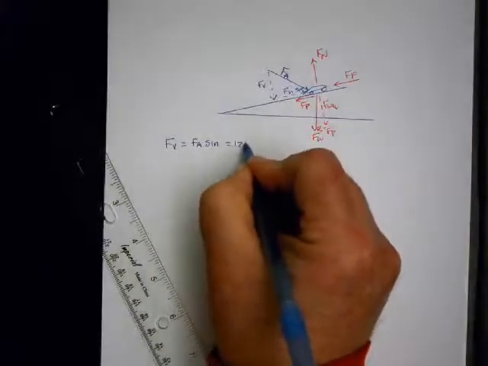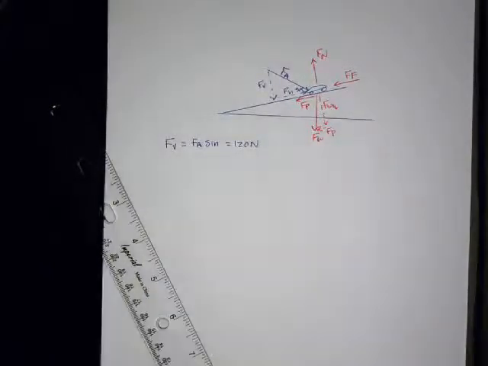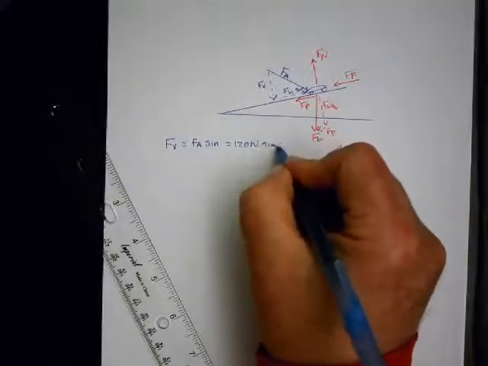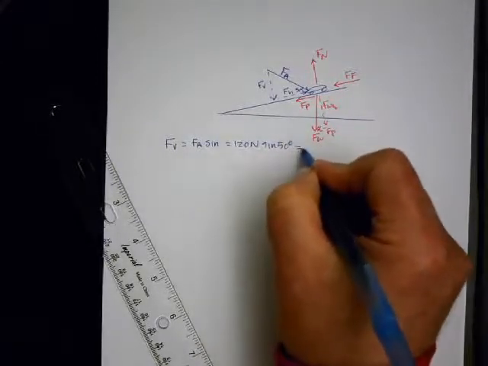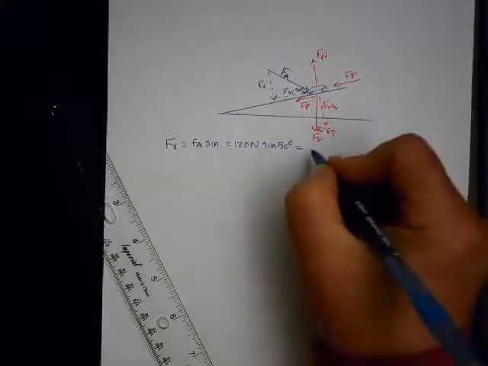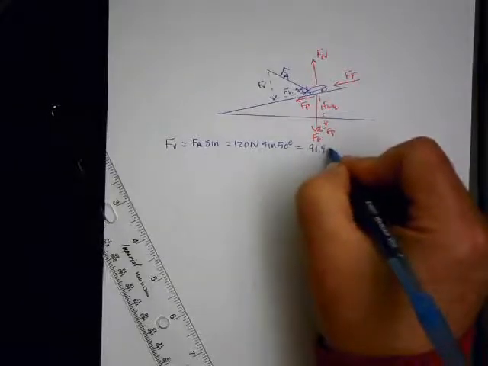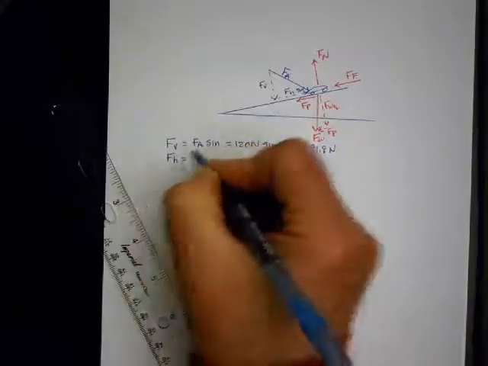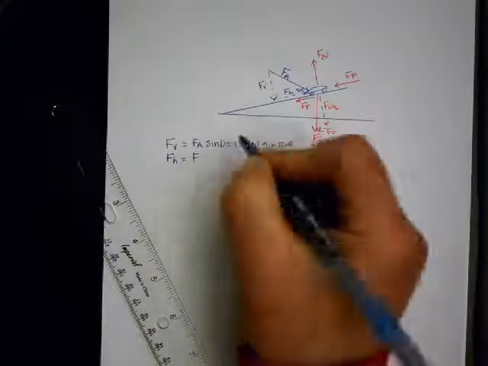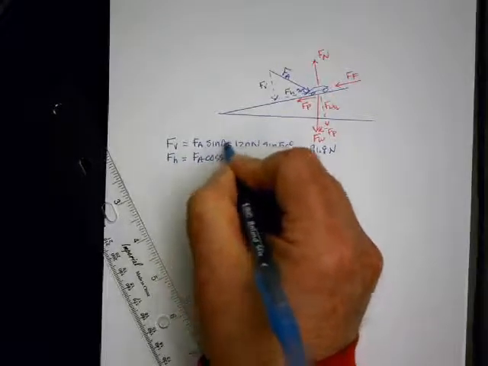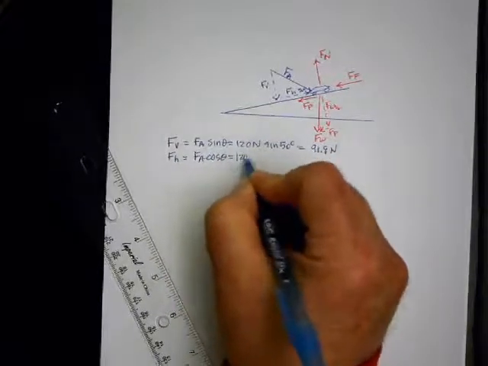And so let's see, we already did that once. That was our 91.9. Our FH cosine, and so that's still the 77.1.